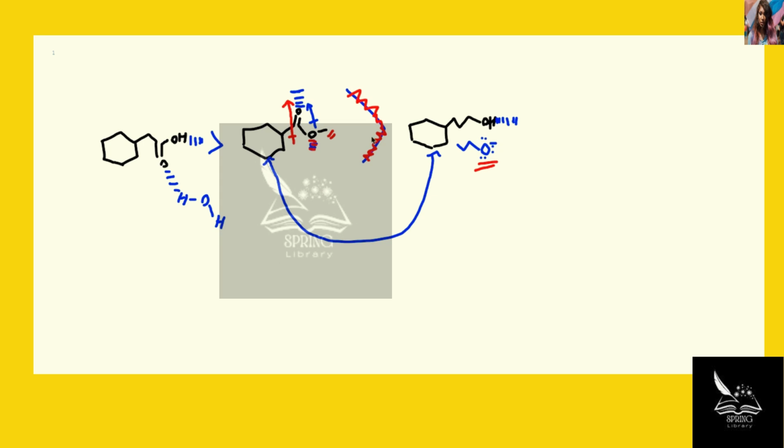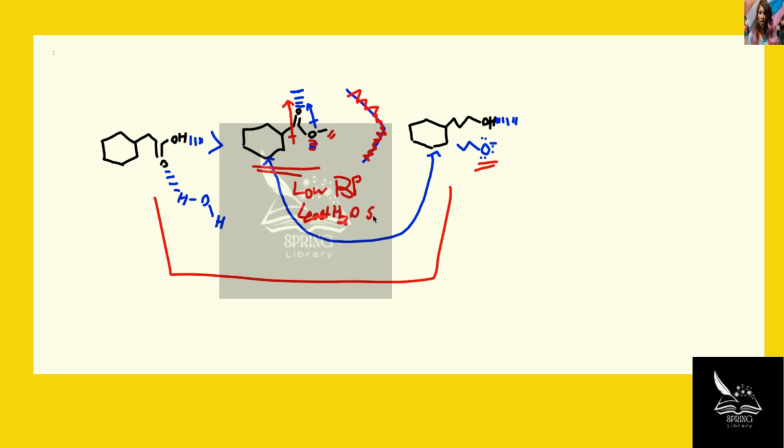Same with the last one, but the middle one cannot have full charges. So this is actually going to be less polar than either of these two molecules that can form full positive or full negative charges. So we're going to say that this molecule in the middle is the least polar. And because of this, the least polar is going to have the lowest boiling point and is going to be the least water soluble.